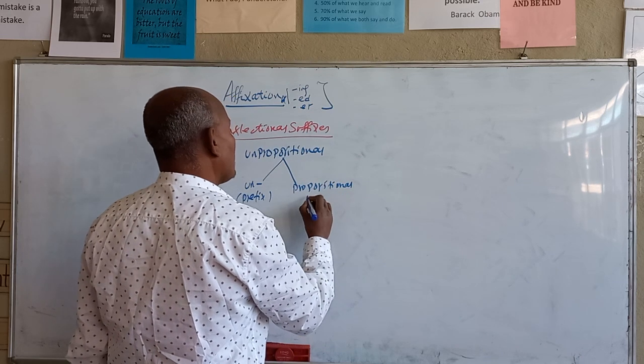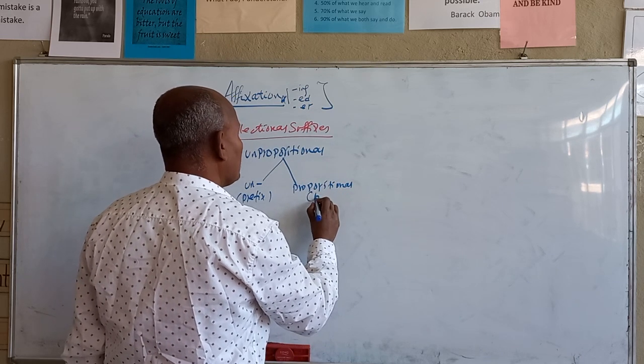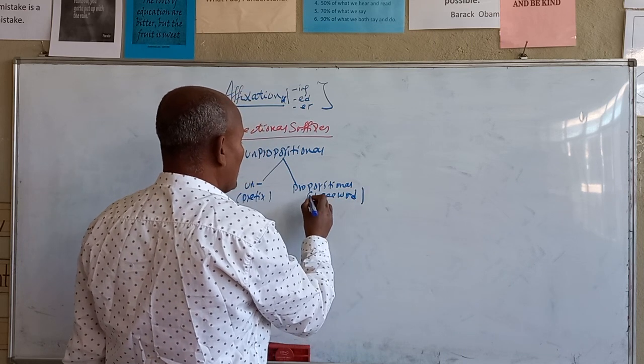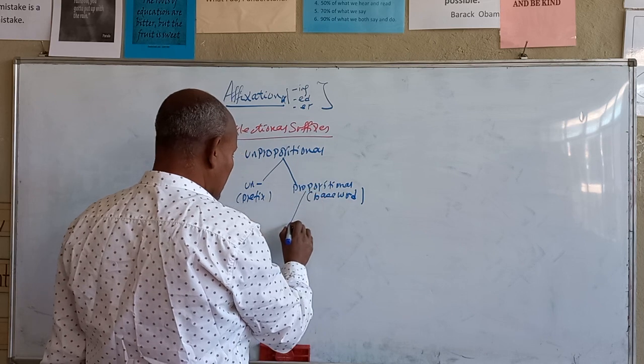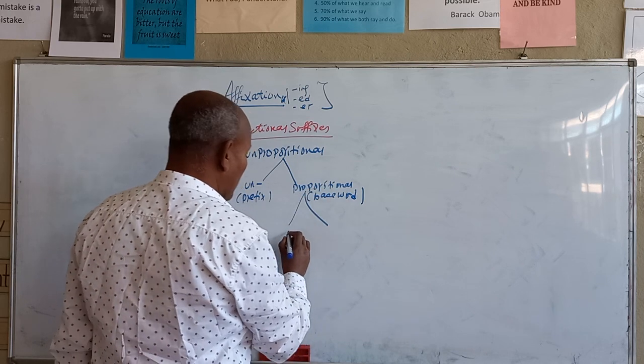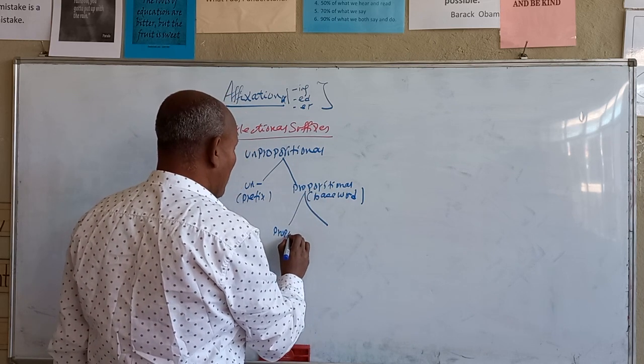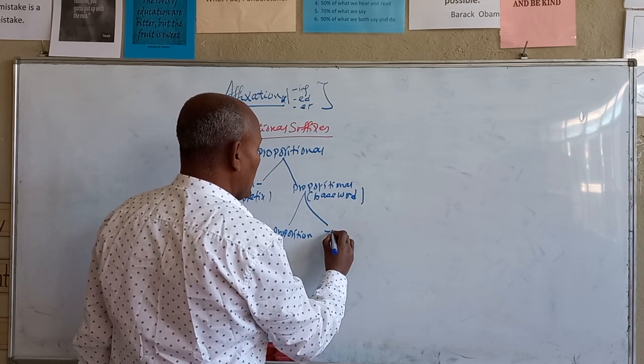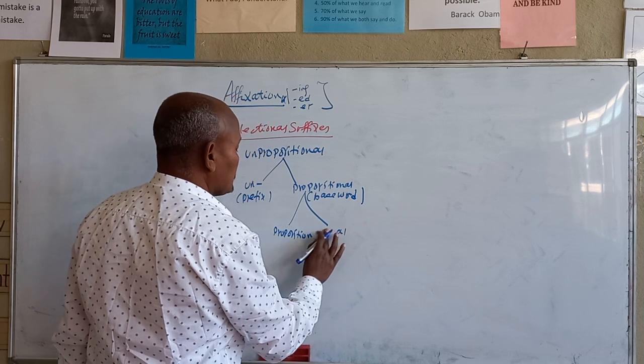Proportional. So this is the base word. So I can write here, base word. It must be categorized into another element. This is proportion. Proportion here. And we left here -al. This is called what?